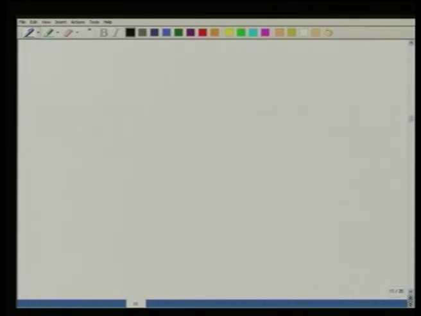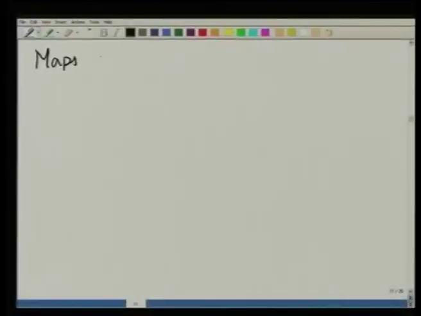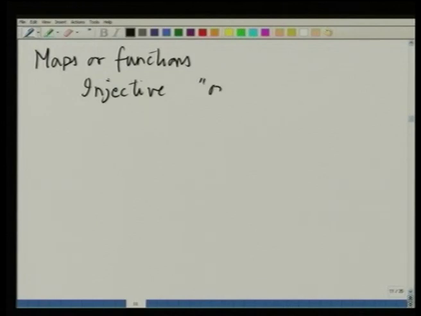For example, we know that maps can have one or both of the following properties. Maps or functions can be injective, which is a rather technical word for a straightforward name, namely 1 1.